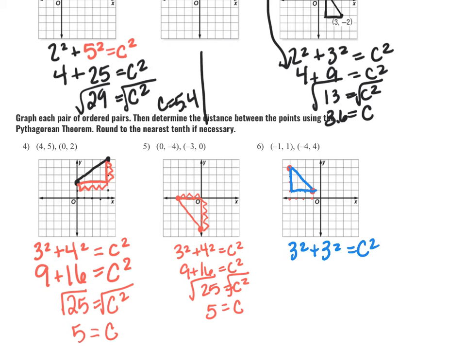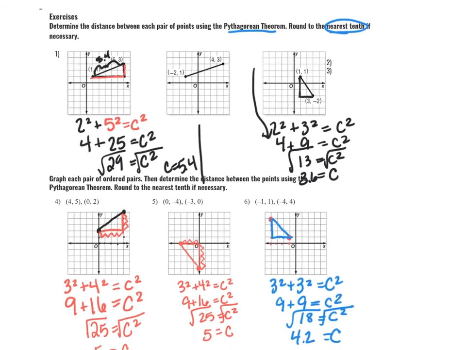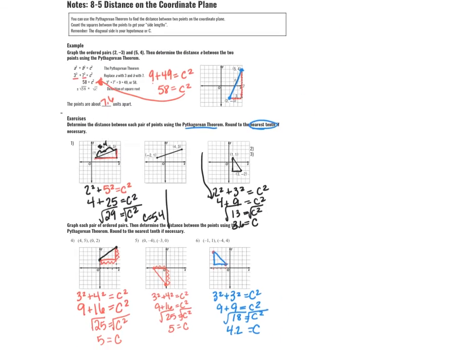So 3 squared is 9, 3 squared is 9, equals c squared. 18 equals c squared. Okay, the square root of c squared, the square root of 18, c equals the square root of 18, which is 4.2. Okay, so kind of breaking it down for each.